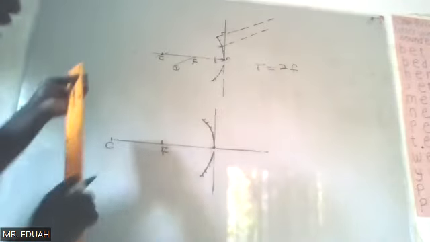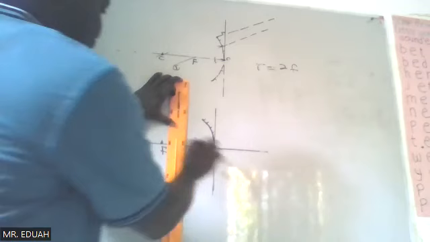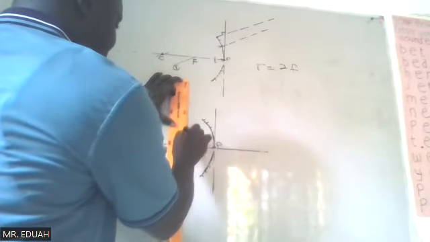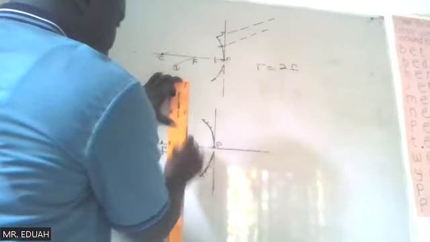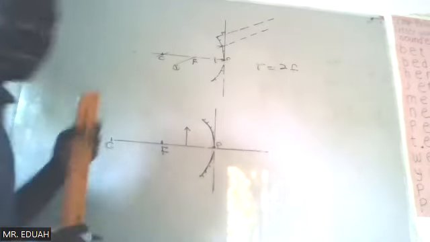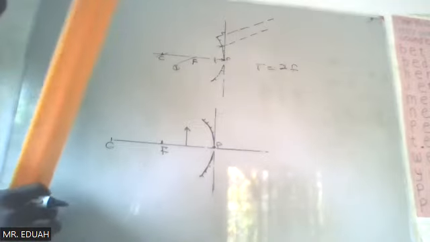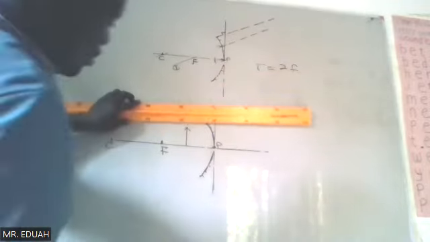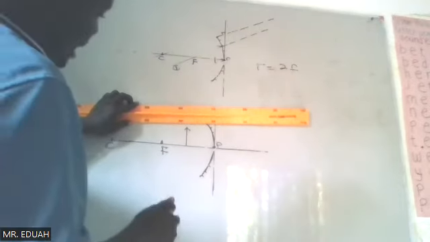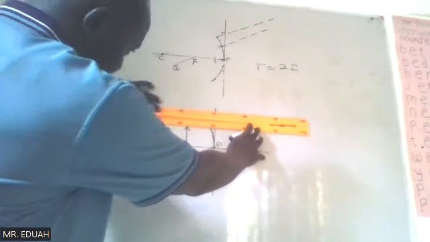This measurement is very, very important. The object is between the pole and F. So the instruction is to use a ray diagram to describe the nature of the image formed. Please, you are free to choose any of the rules.